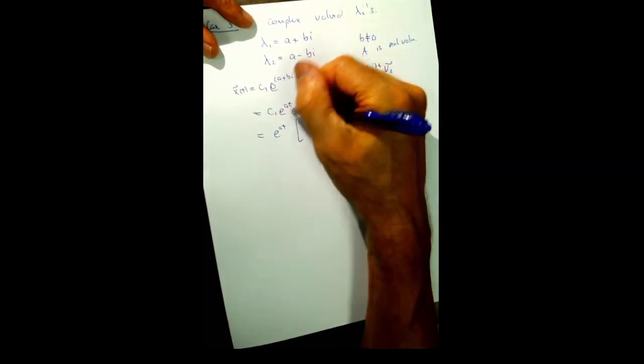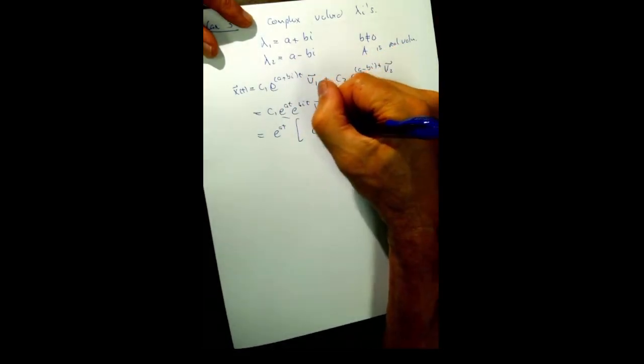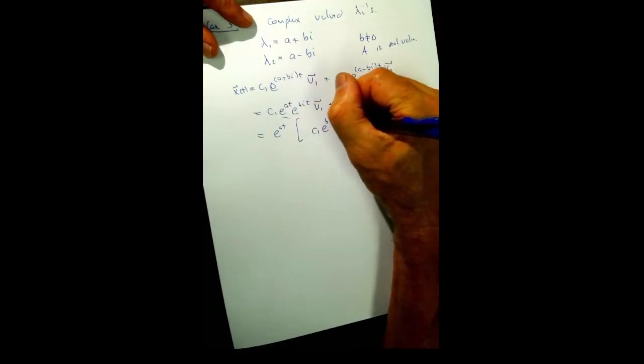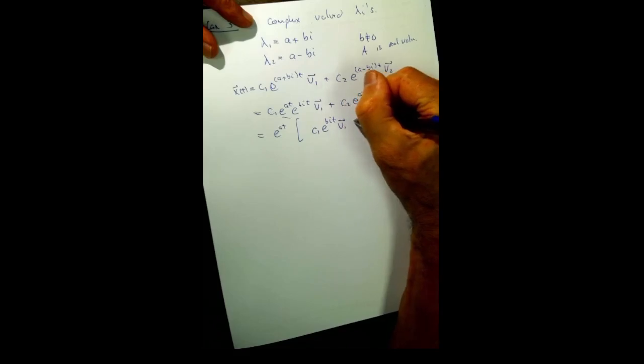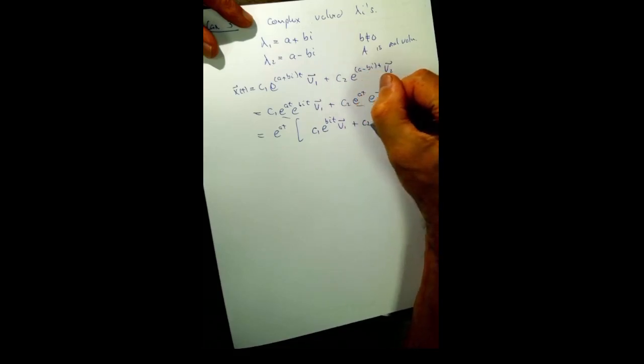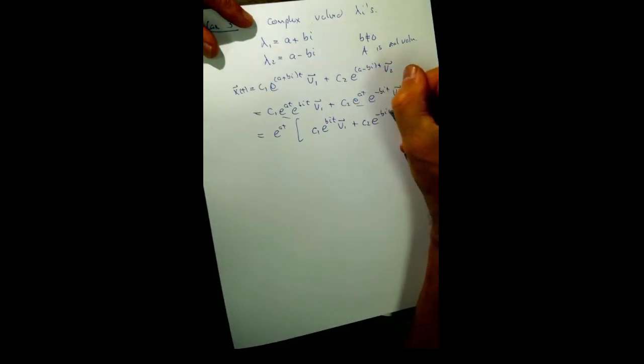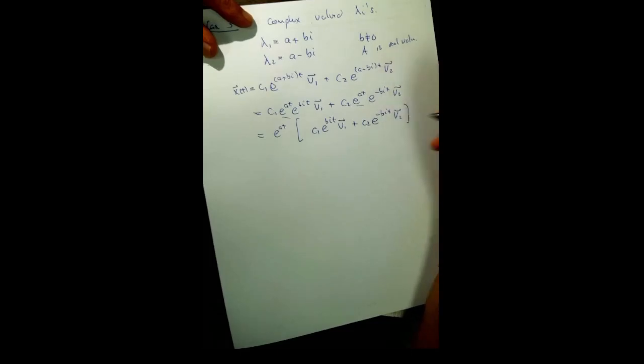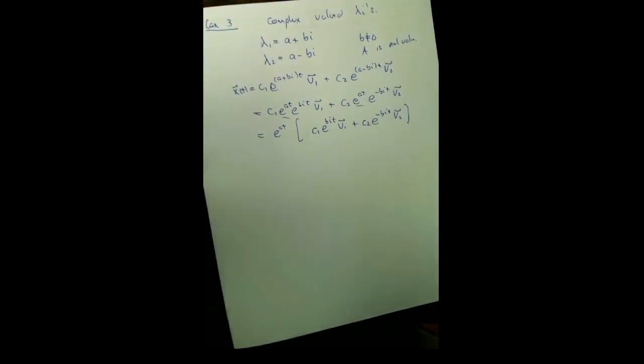And I can factor out this e to the AT. So we can get e to the AT times (C1 e to the BIT V1 plus C2 e to the minus BIT V2). Okay.